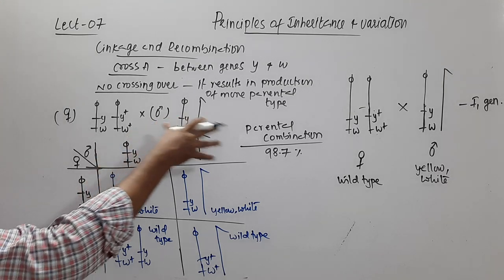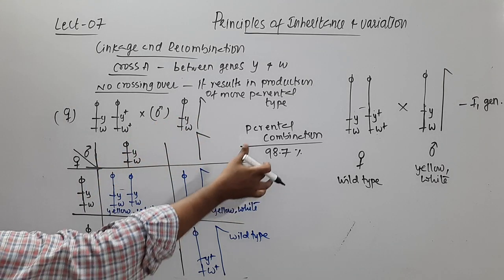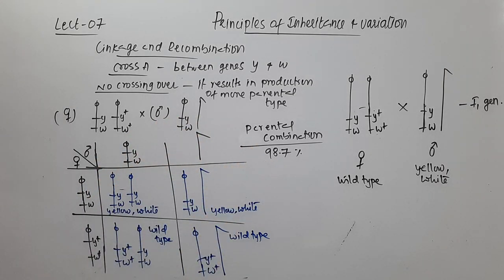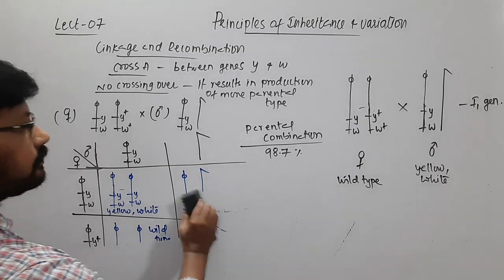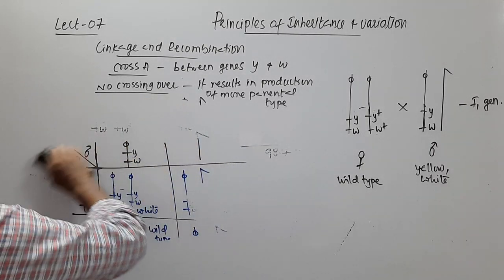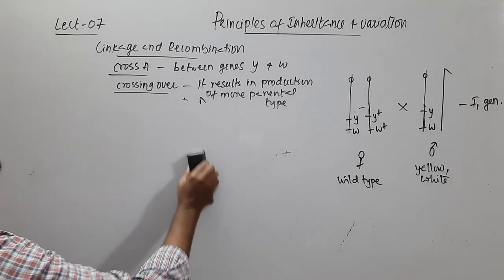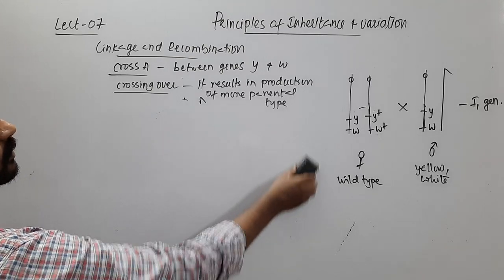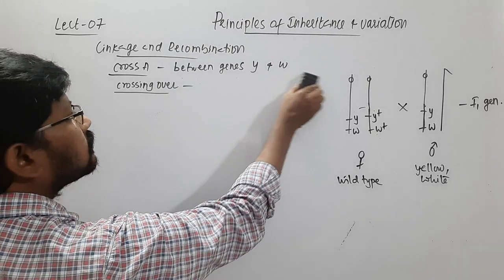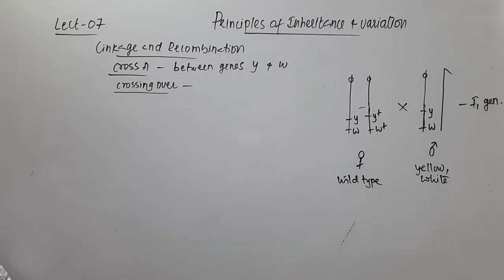So this I have told, the parental combination, where they obtained 98.7 percent. Now we'll see with the crossing over.